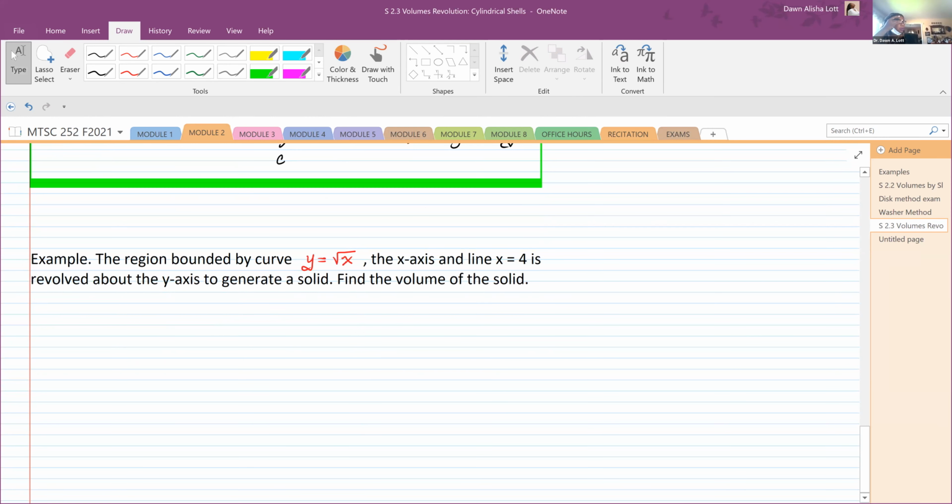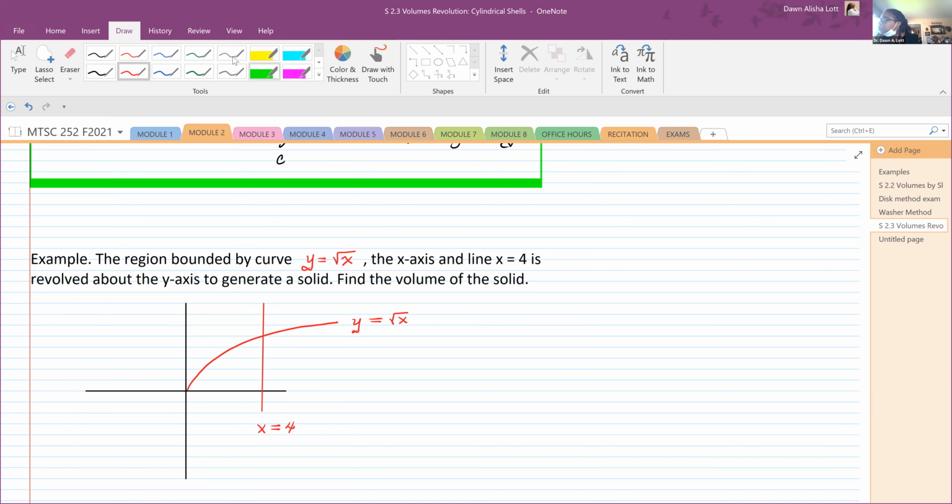And in fact, this one is going to look almost identical to the example from the book, or the picture from the book. So here, I have the curve y is equal to the square root of x. So the curve looks like this. And the x-axis, so that's the bottom, and the line x equals 4. So if I draw x equals 4, you can all see my region.